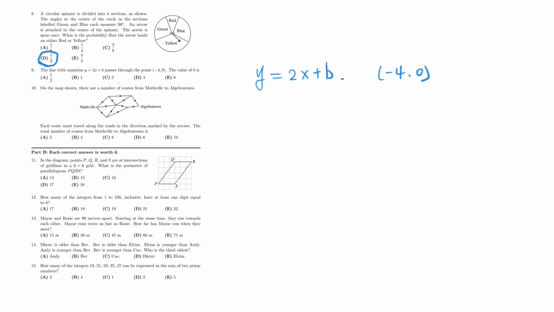We plug into the equation. That's 0 equals 2 times -4 plus b. The first coordinate is the x, and the second coordinate is the y coordinate. So 0 equals -8 plus b, and b equals 8. So number 9, the answer is E.